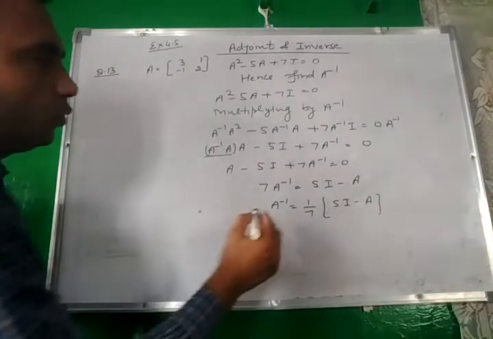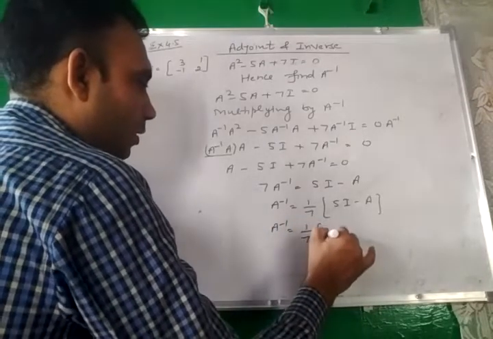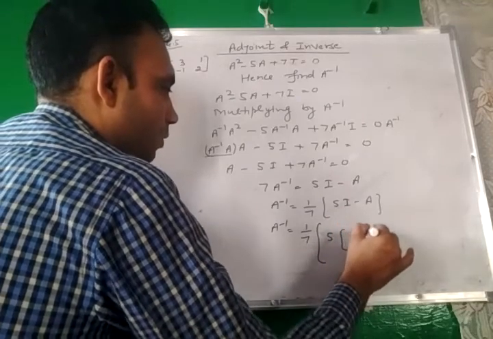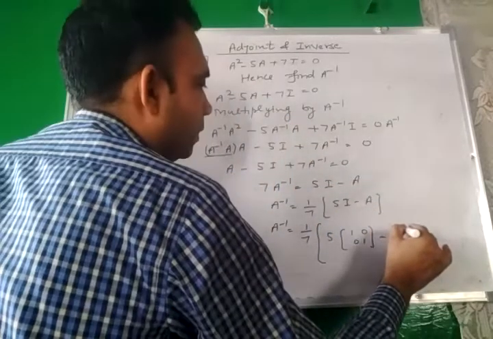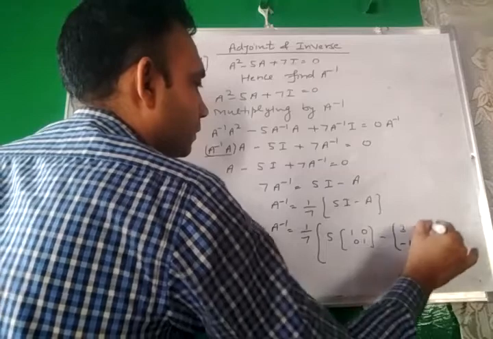Now putting the value, then A inverse is equal to 1 upon 7, 5I. 5I implies [[1, 0], [0, 1]] minus A. A implies [[3, 1], [-1, 2]].